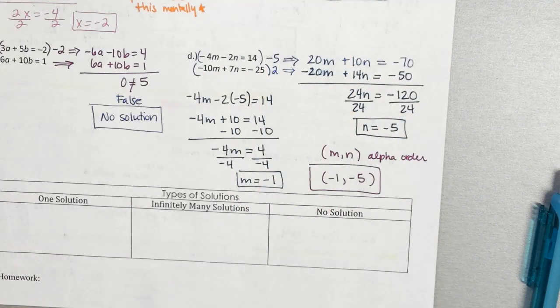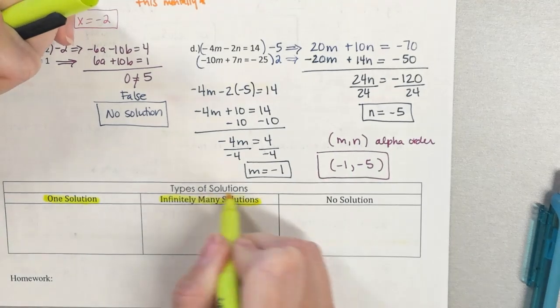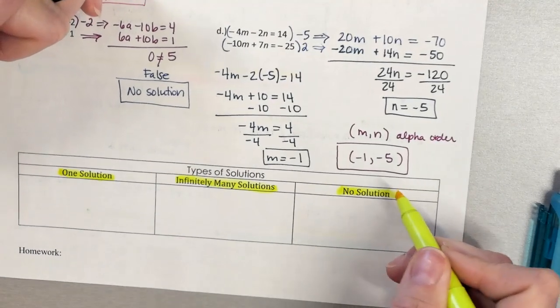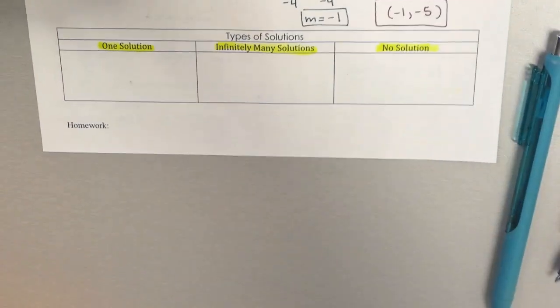Okay, so your answers today are either going to be one solution, infinitely many, or no solution. So if you have one solution, you are going to have an ordered pair.